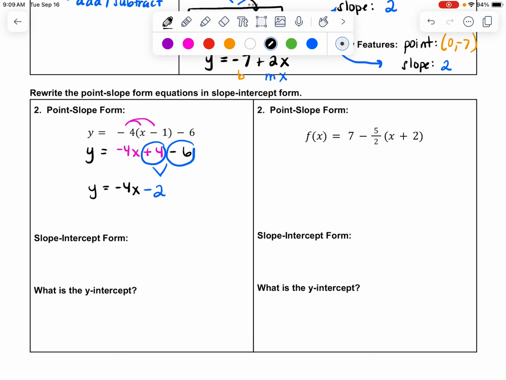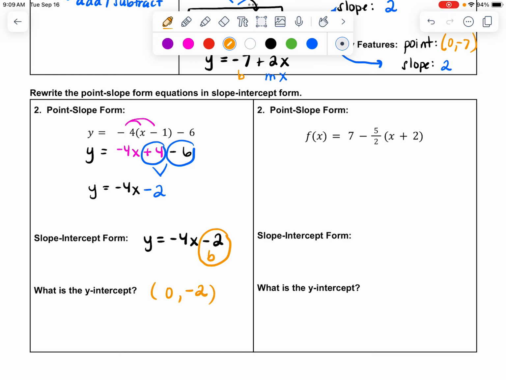That means my slope-intercept form equation is negative 4x minus 2. And if I asked you what is the y-intercept, you know that the y-intercept has to have an x that's a 0, and the y-intercept number is the b from the equation, so negative 2.